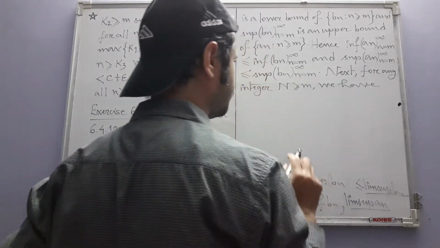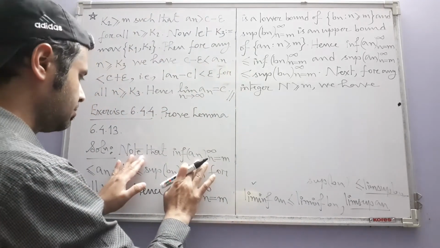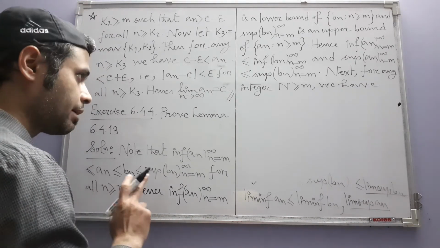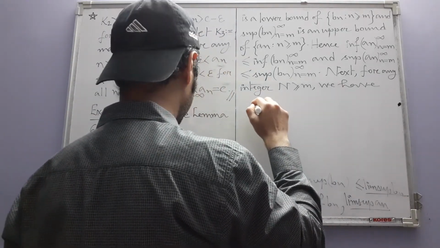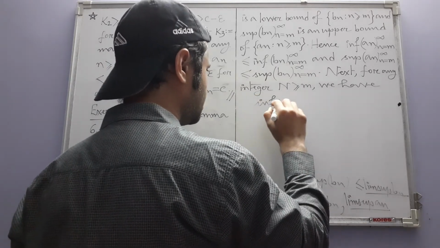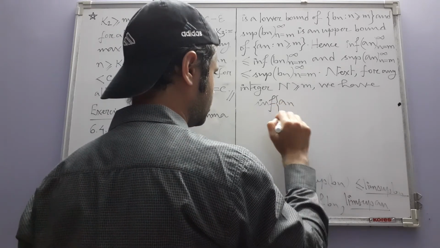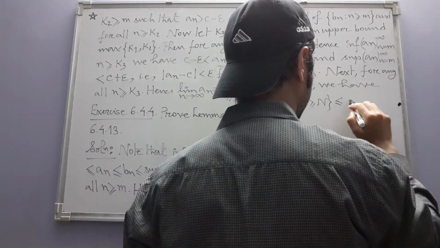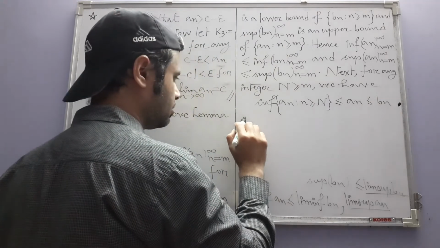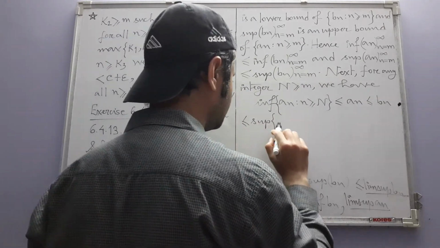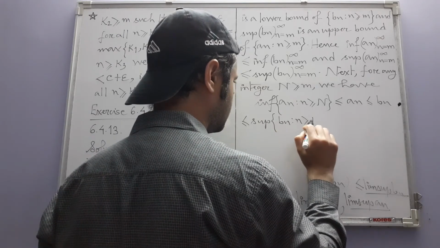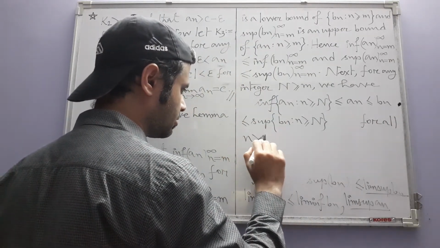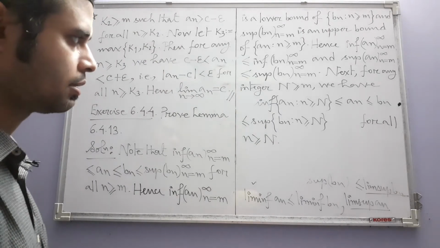Okay, so whatever we did here, we are now going to do again, but for the indices greater than or equal to capital N. Yes, so that means the infimum of An, n greater than or equal to capital N, is less than or equal to An, that is less than or equal to Bn, that is less than or equal to the supremum of Bn for all n greater than or equal to capital N, which is easy to understand.